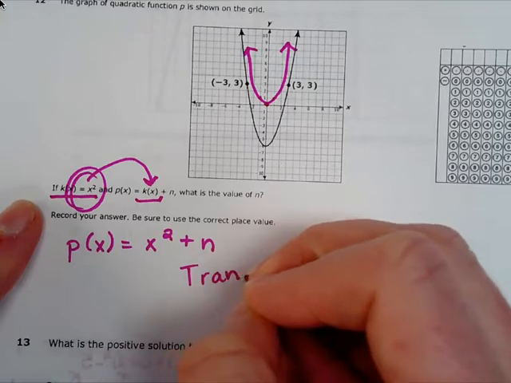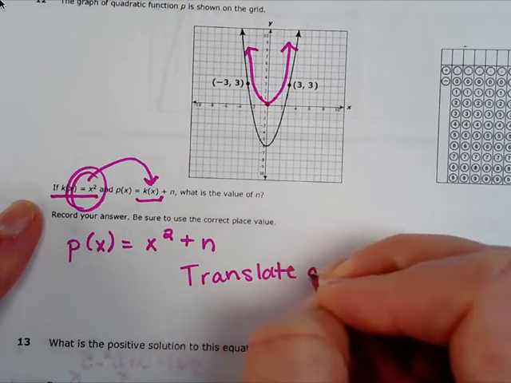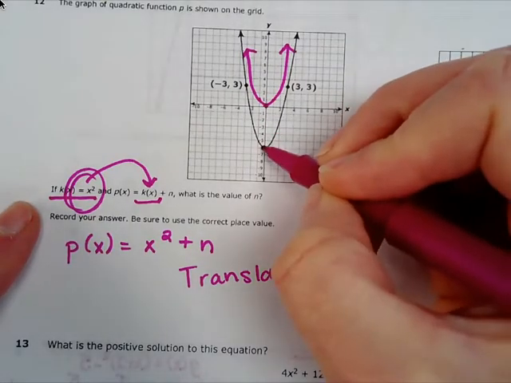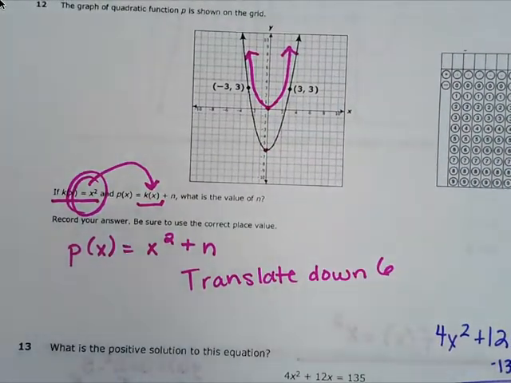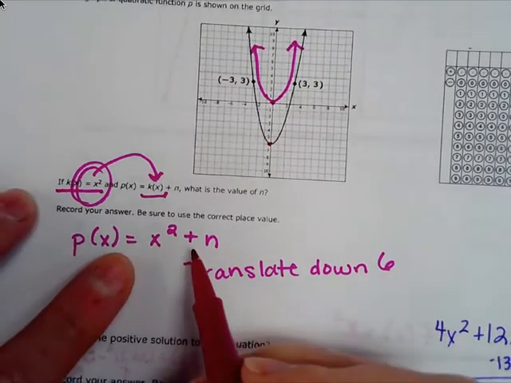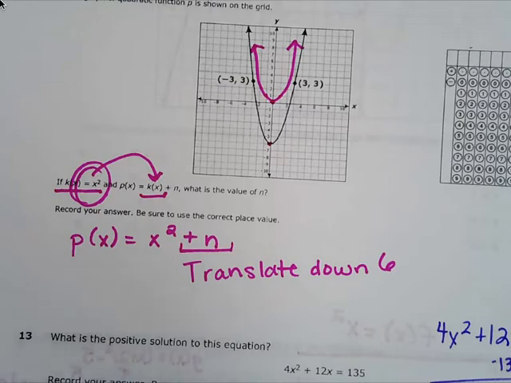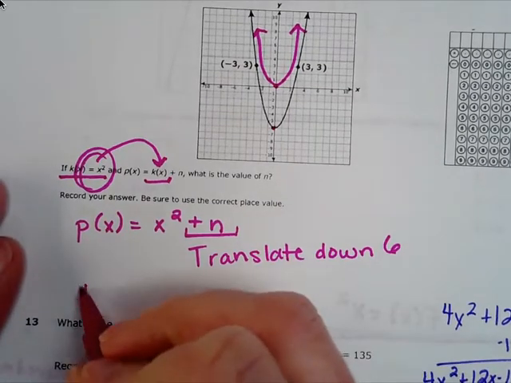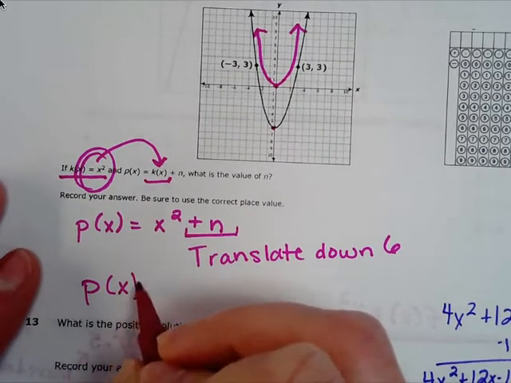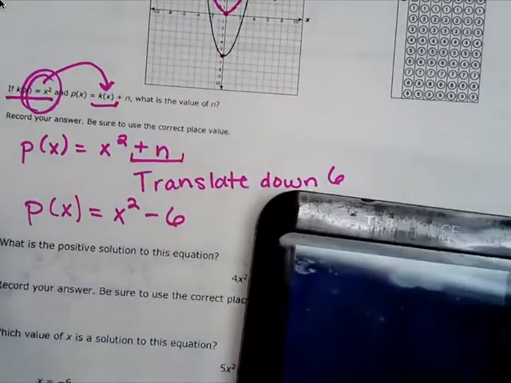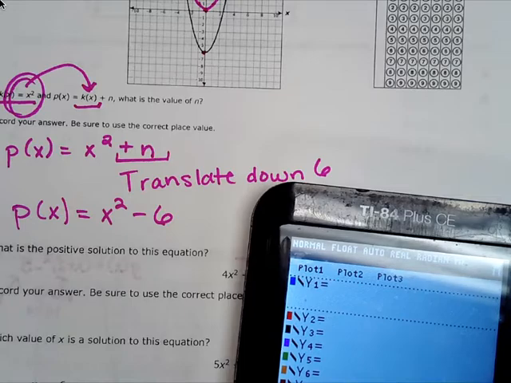Yeah, so translate down. How many units? 6. So that means we need to change this to be whatever operation makes it go down 6 units. And then we can check it, see if we did it right.